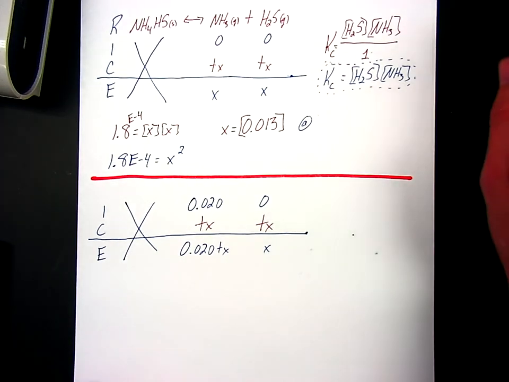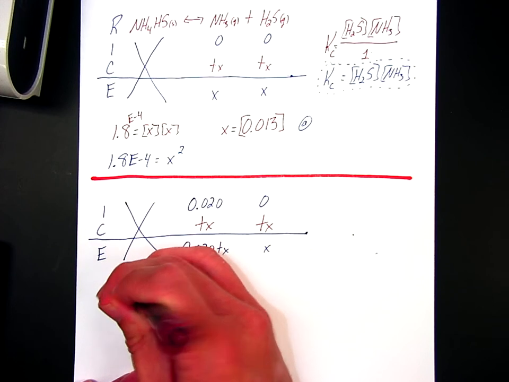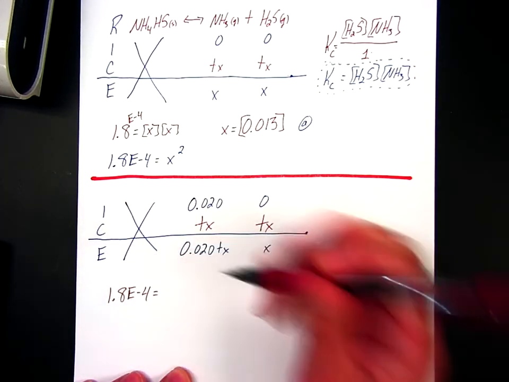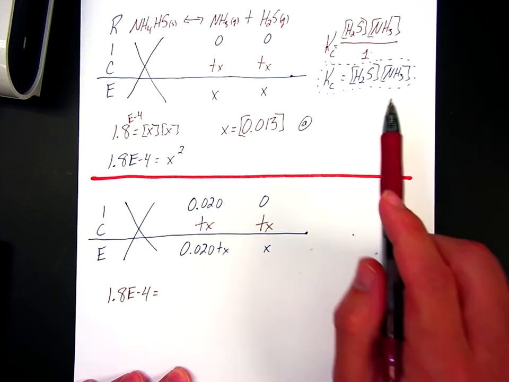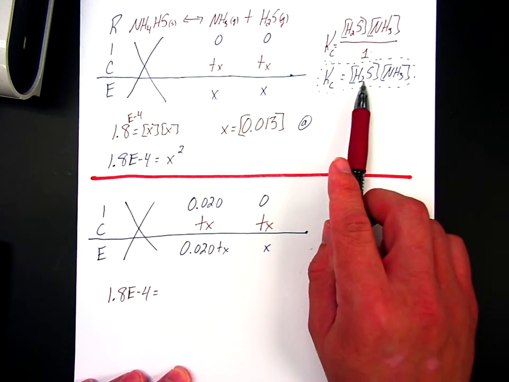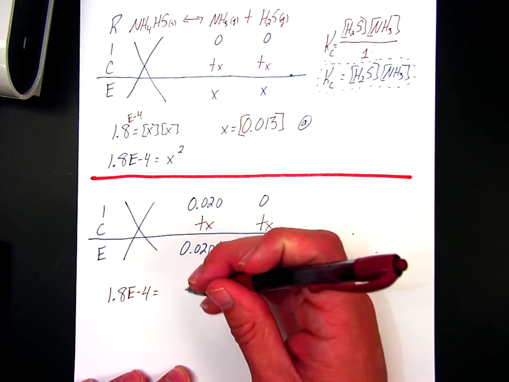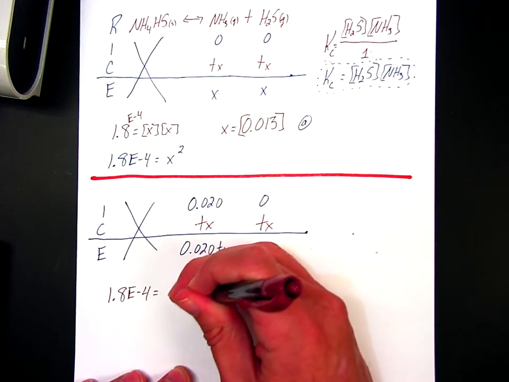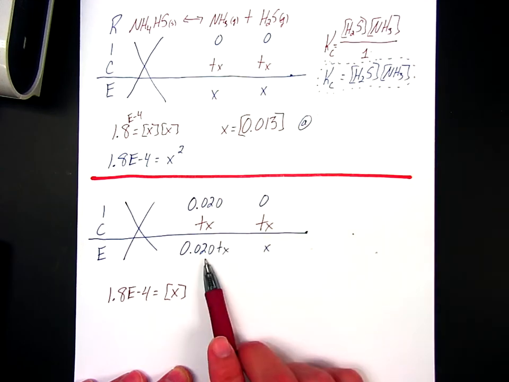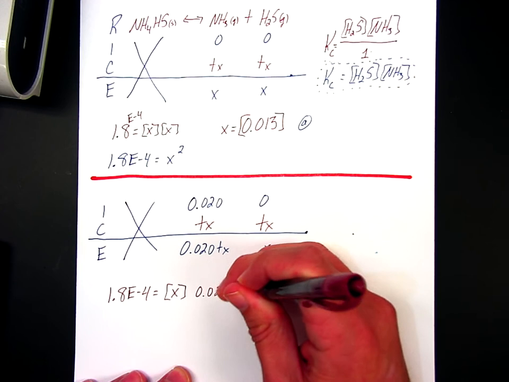Now the Kc, of course, is still going to be 1.8 E negative 4 equals, and then, I wish I didn't invert these, but whatever, H2S is just going to be X, and NH3 is going to be 0.020 plus X.